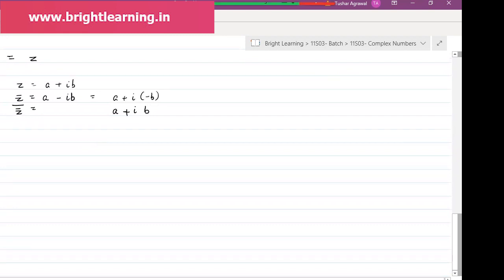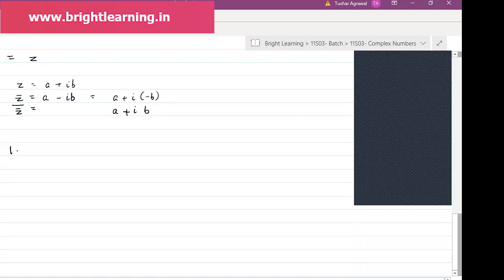Second, if you take the modulus of z, let z equal a plus ib, or the modulus of negative z, can you calculate?